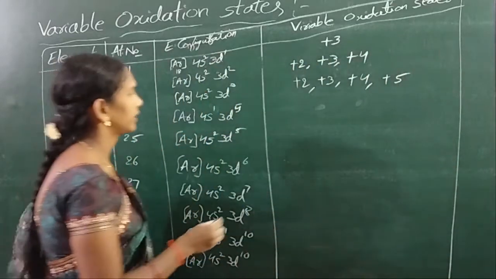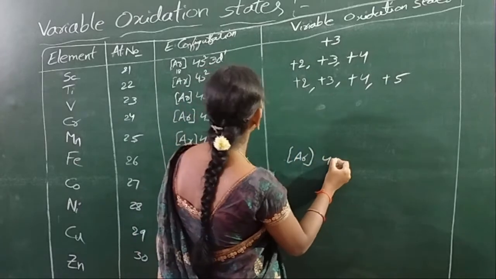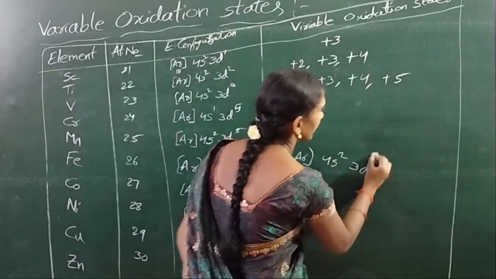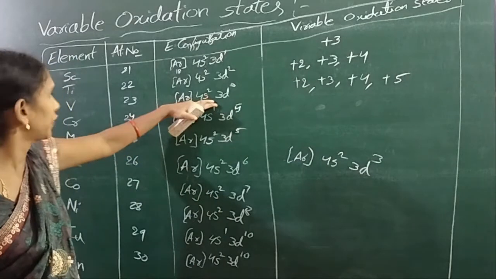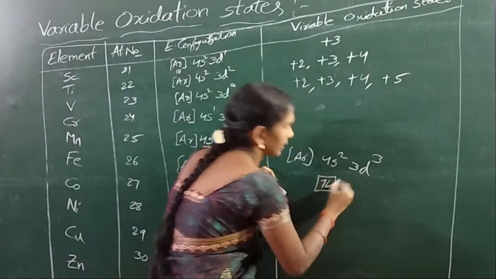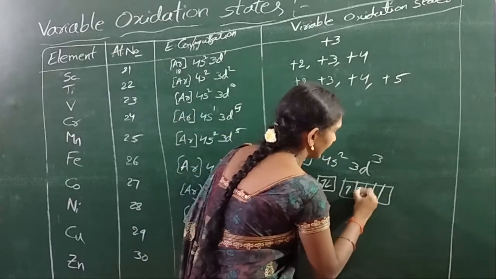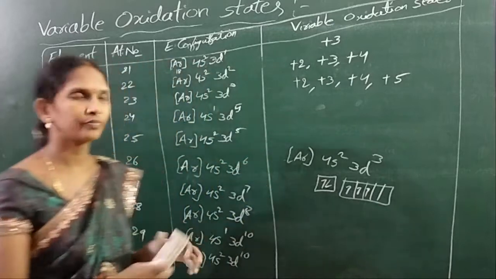That means, clear: argon 4s2 3d3 is the electronic configuration of vanadium. Here 2 electrons are present, and in the D orbital only 3 electrons are present.